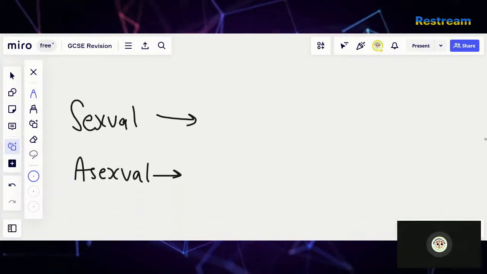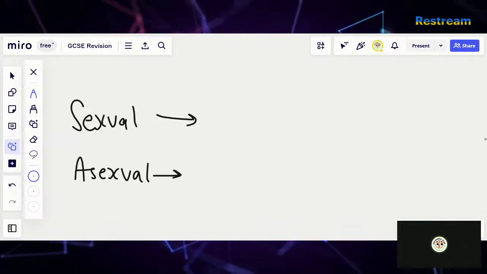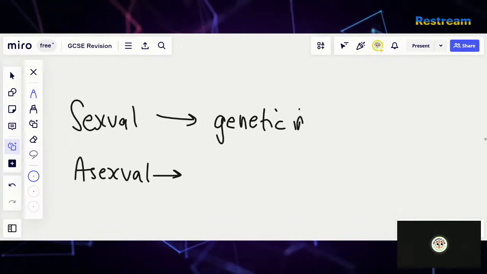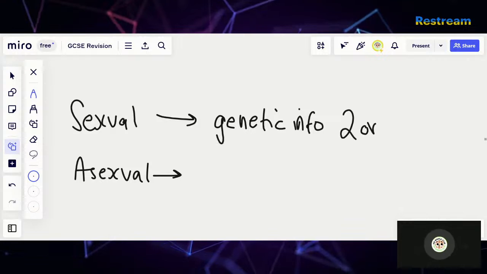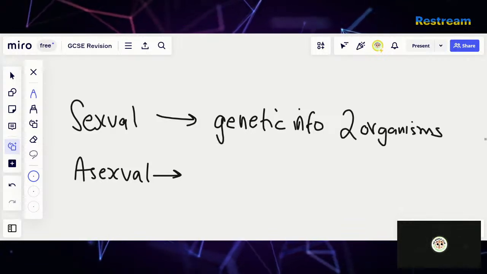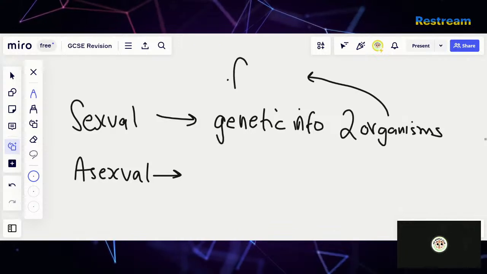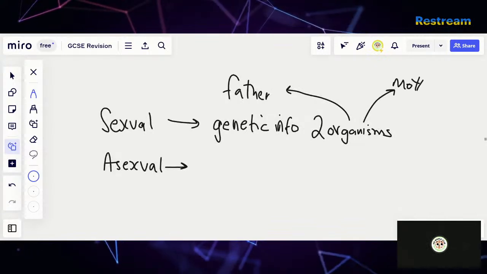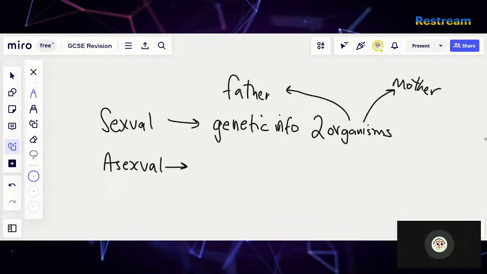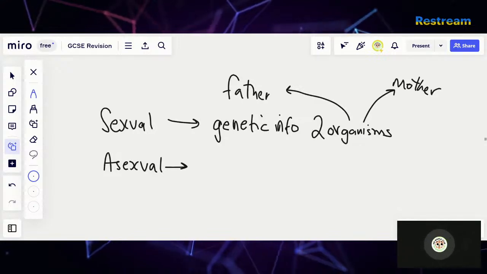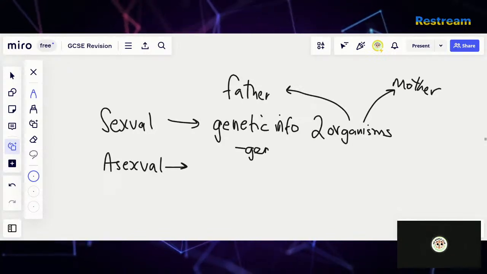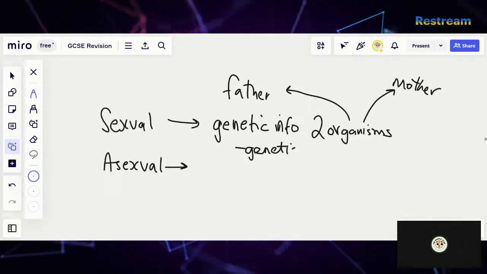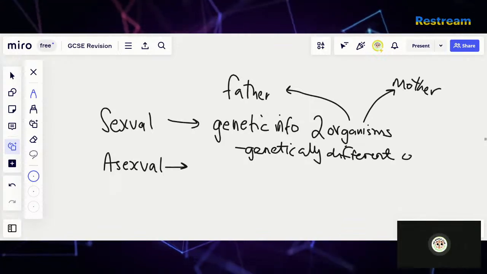Sexual reproduction is when you have genetic information, so genetic info from two organisms, both the father and the mother, and this is then combined to produce offspring which is genetically diverse and different. So genetically different offspring.